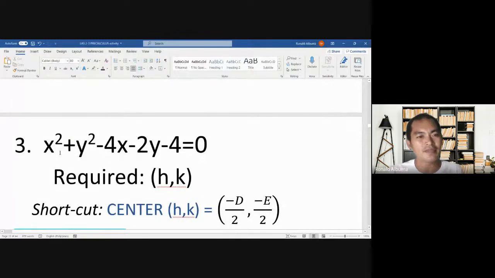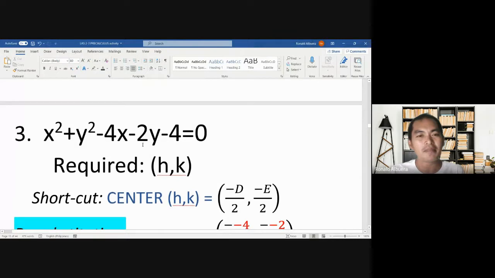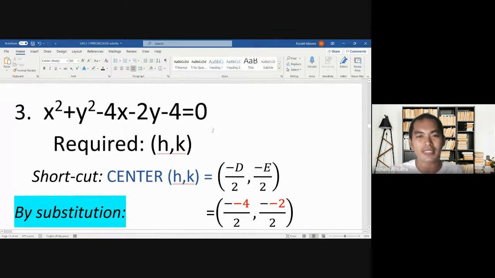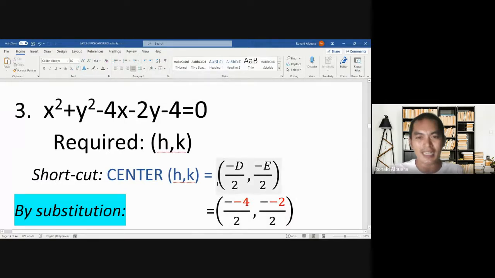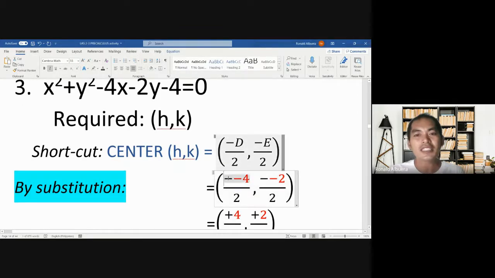Now, another example. Suppose we have the given x squared plus y squared minus 4x minus 2y minus 4 equals 0. What is the center? Applying the shortcut formula, since the coefficient of x squared and y squared is already 1, you just get negative 4. But then our formula has a negative, so negative of negative 4. Now take note that we have here a double sign. You need to multiply.